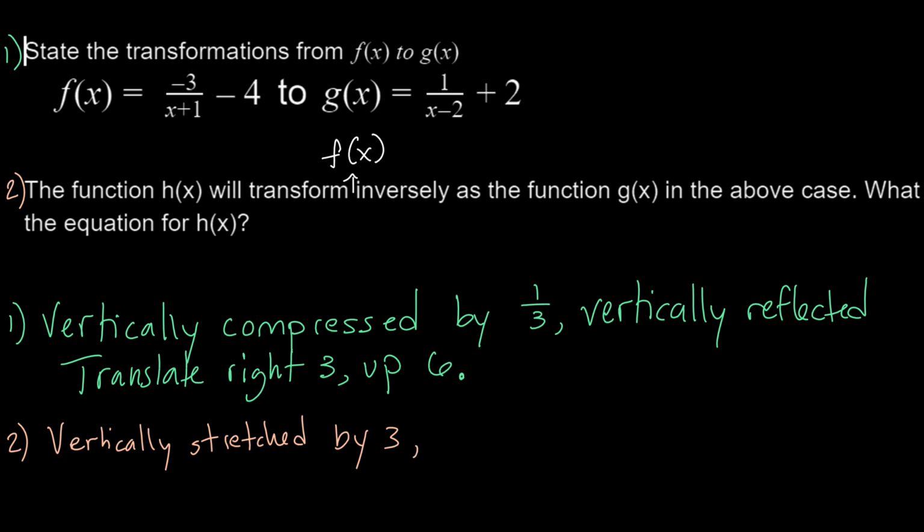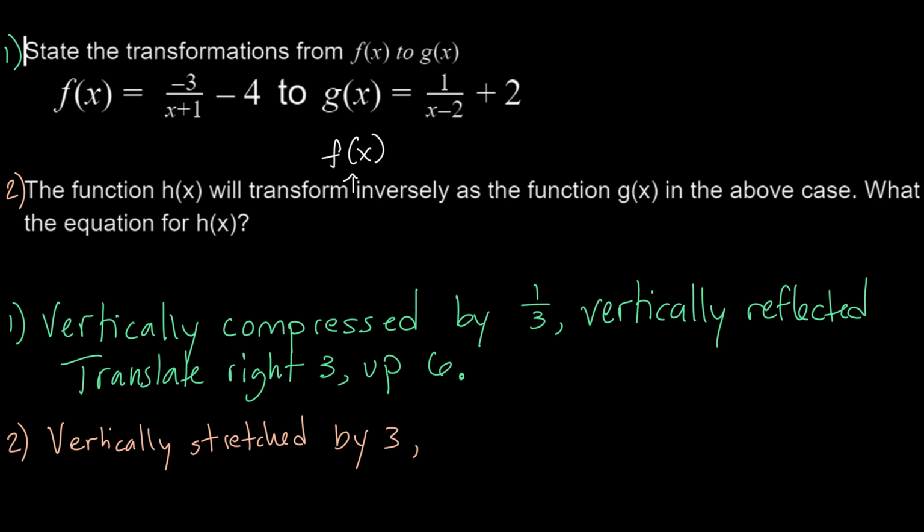What is the opposite thing of being vertically reflected? So if something is vertically reflected, what is the opposite of being vertically reflected? Not being vertically reflected, right? If something is happening, the opposite of it would be for it not to happen.